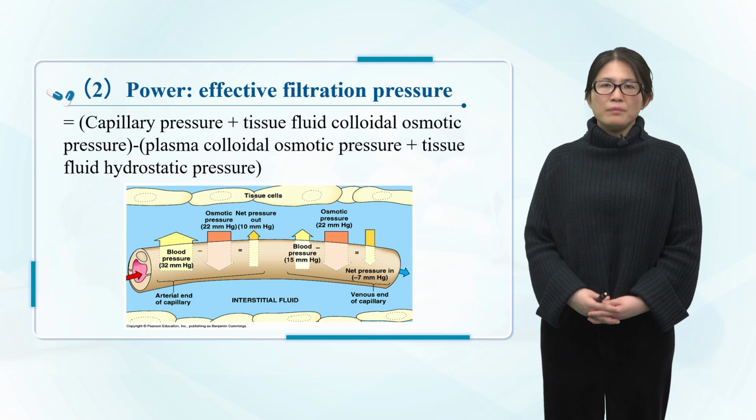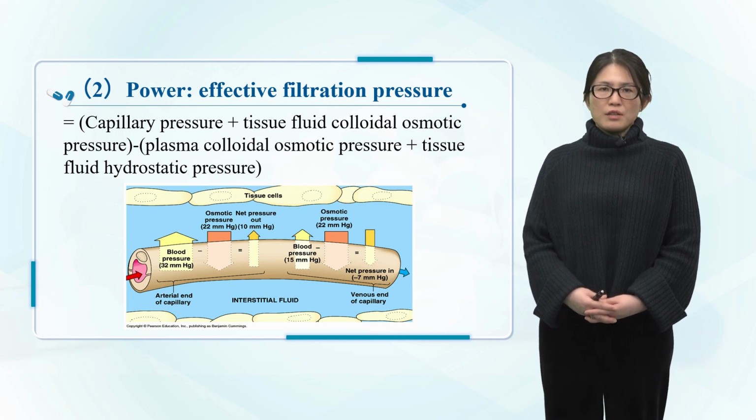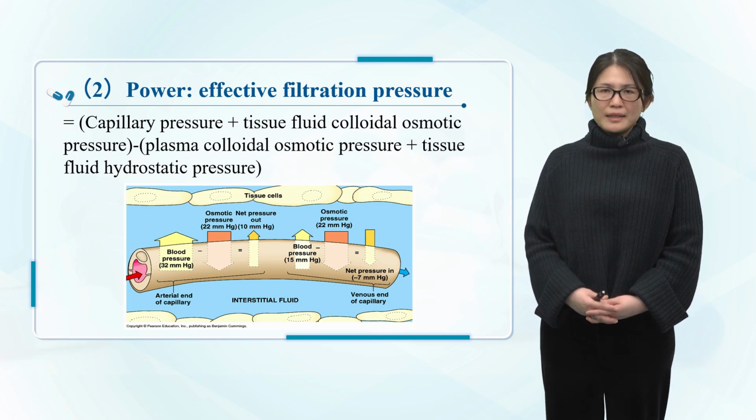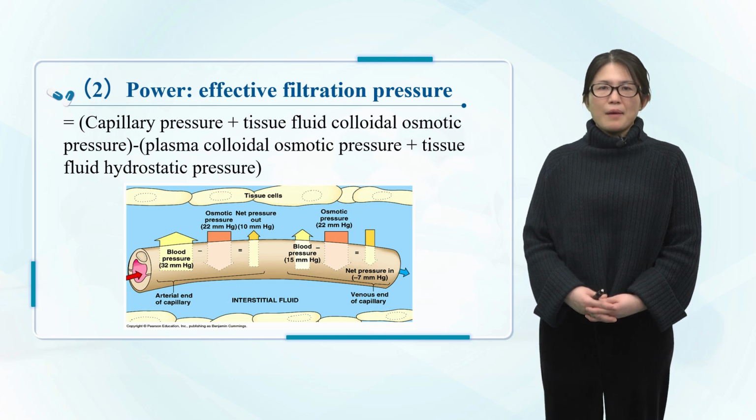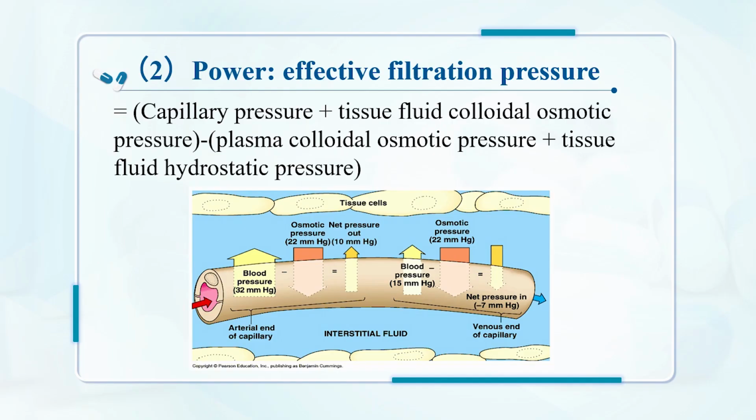Therefore, the amount of normal tissue fluid is in a dynamic equilibrium state. The dynamic balance depends on the combined action of four factors, namely capillary blood pressure, tissue fluid hydrostatic pressure, plasma colloidal osmotic pressure, and tissue fluid colloidal osmotic pressure.